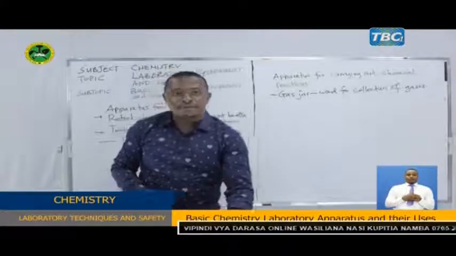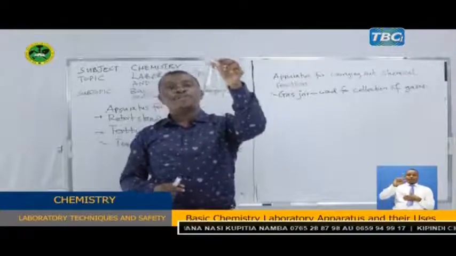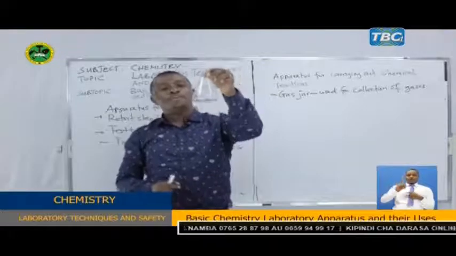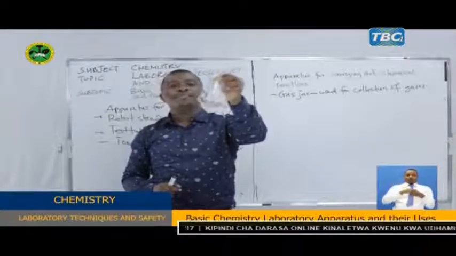We also have a flask. This one is called a conical flask. It is cone shaped. You can see it here. It is used for holding chemicals during the titration process.